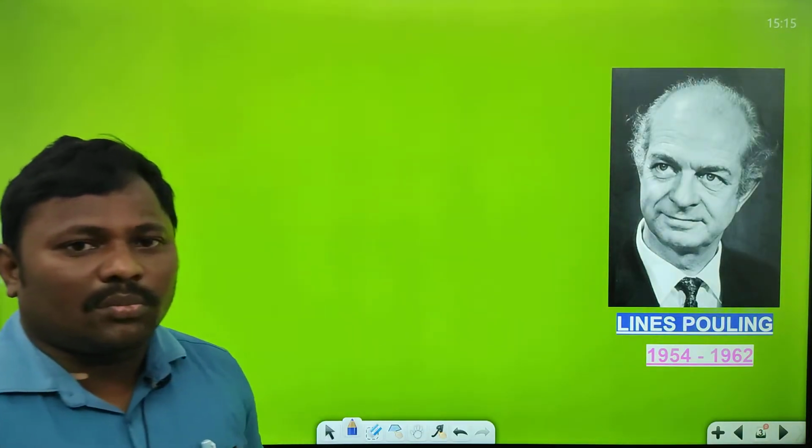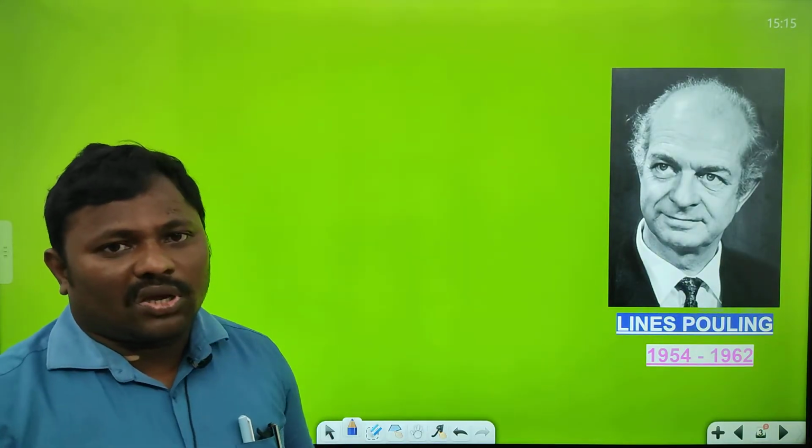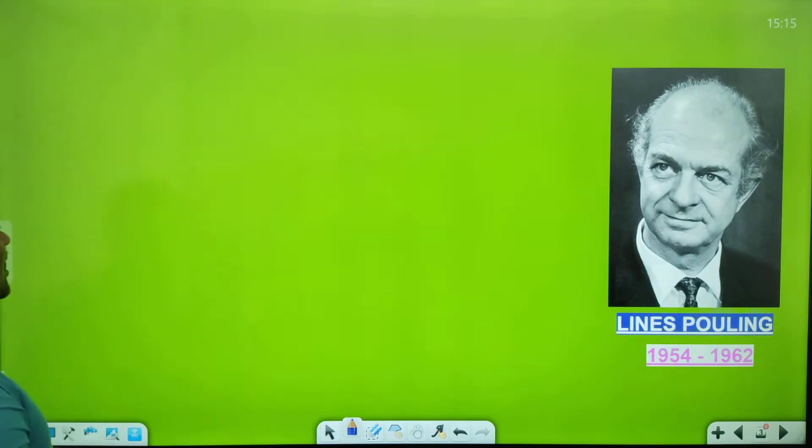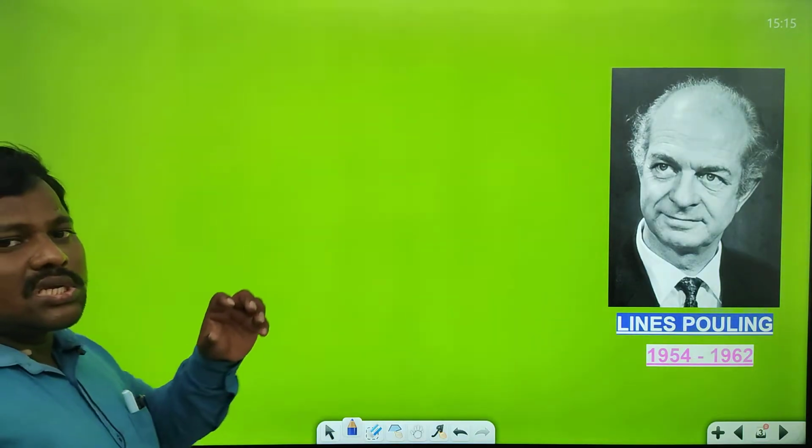Why are we studying carbon? Because of the first one, the versatile nature of carbon, that means the same element can be available in different forms, with the same chemical properties and different physical properties. That we call the versatile nature of carbon.